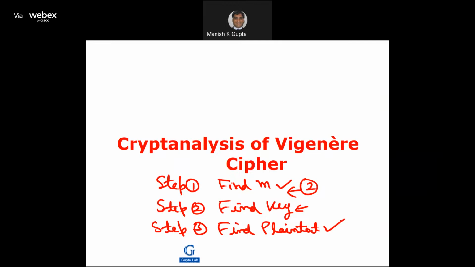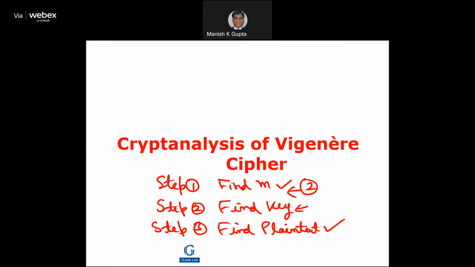If I have to decrypt this, step 1 is to find m, and there are 2 methods of finding m. I'm going to describe both of them to you. Second, find the key, that is K equal to K1, K2, up to Km. Once the key is given, you can decrypt and find the plain text from the ciphertext. So these 3 things are there.